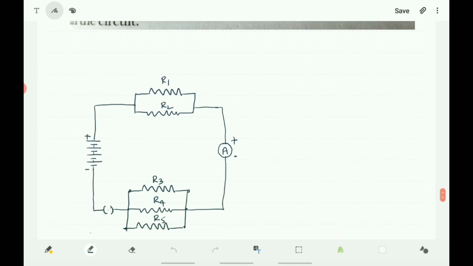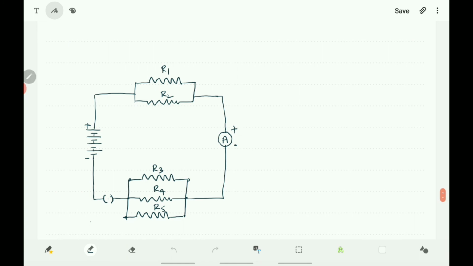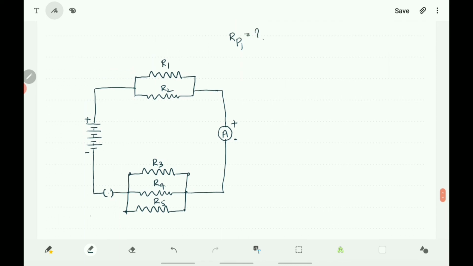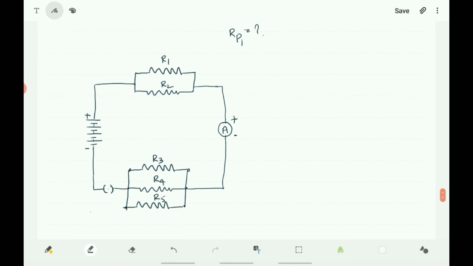See the figure here. Here there is one arrangement. R1 and R2 are arranged in parallel combination. So let us have Rp1 that we have to find out. And next, R3, R4, R5 are again arranged in parallel combination, that is system 2.